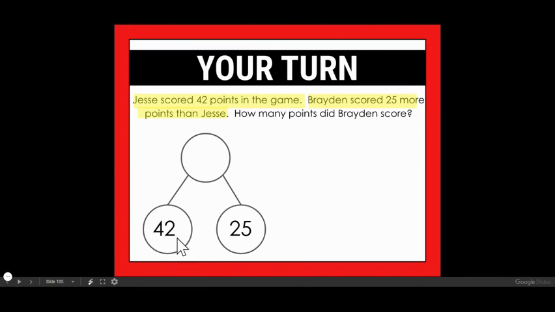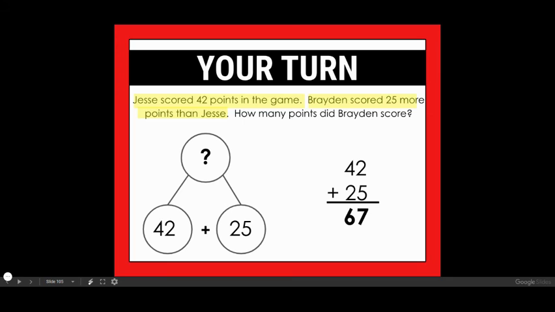And so just like before, with my number bonds, if I have my 2 parts, I know that I need to add those together to get my whole. So my number sentence would be 42 plus 25. Go ahead and solve this problem and then come back and check your answer with me.